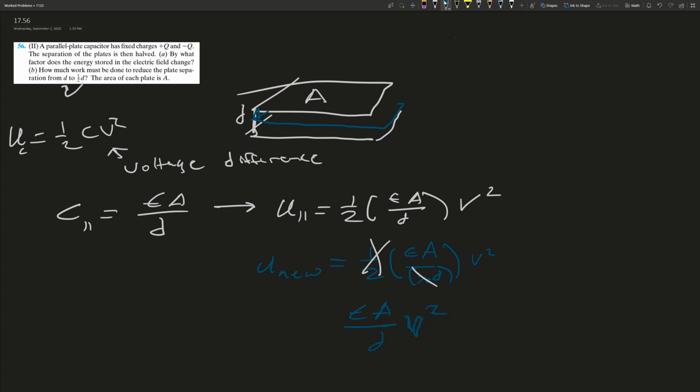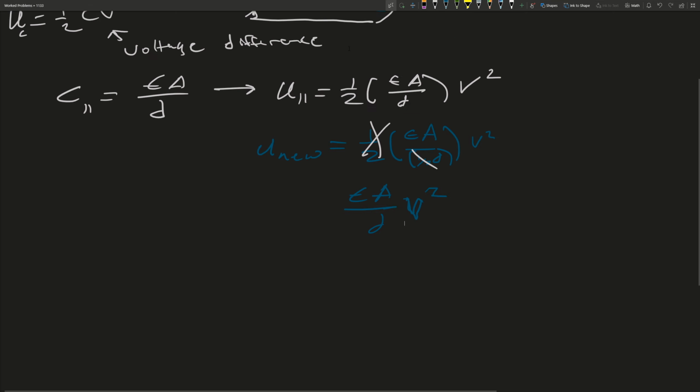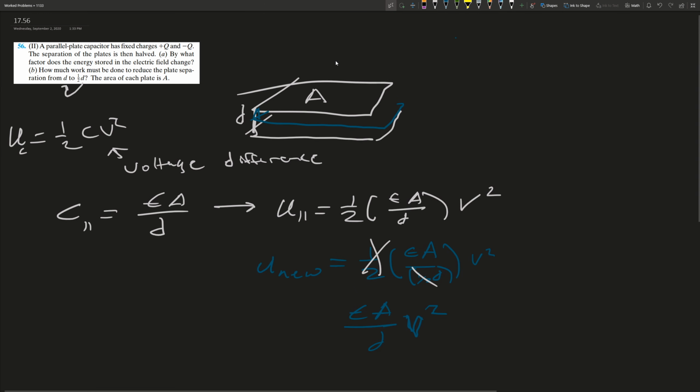That is a messed up V, but you get the idea. Because the question asked by what factor, the answer would be a factor of 2.